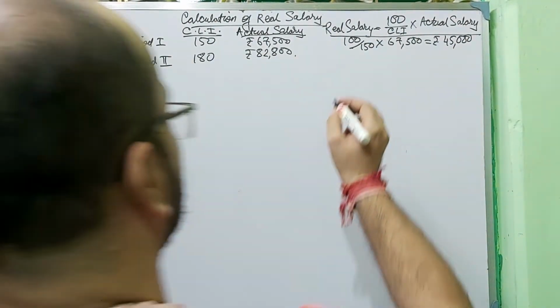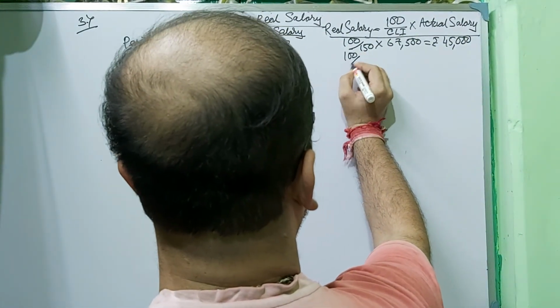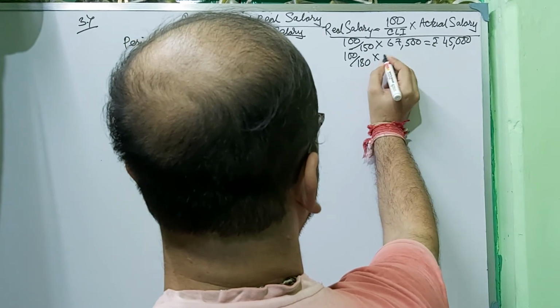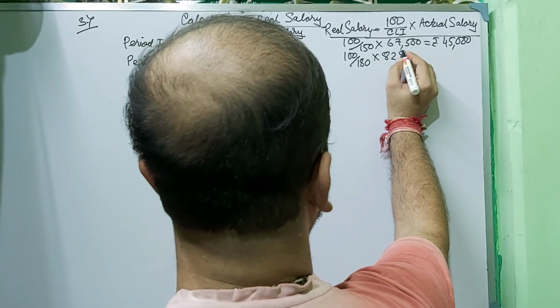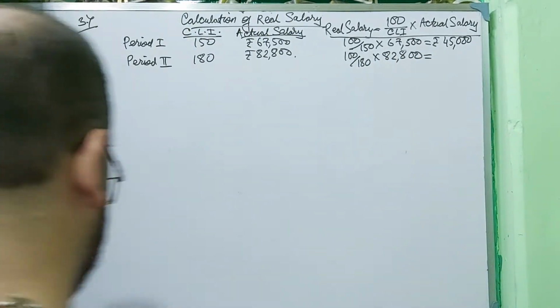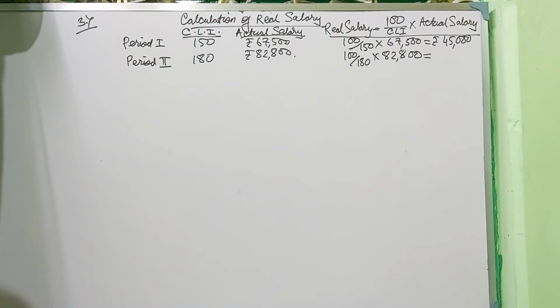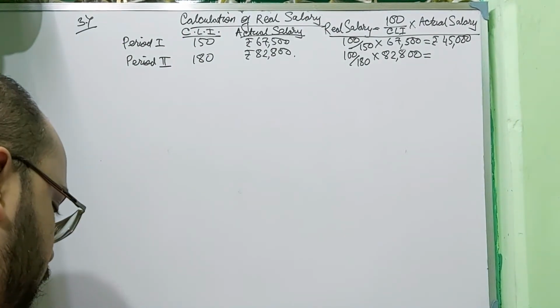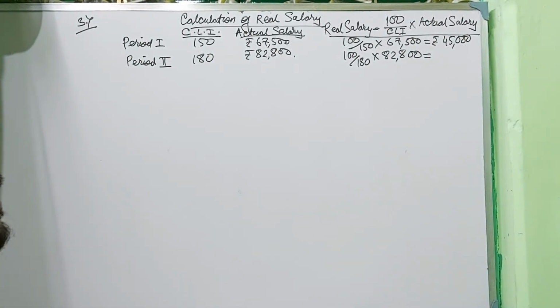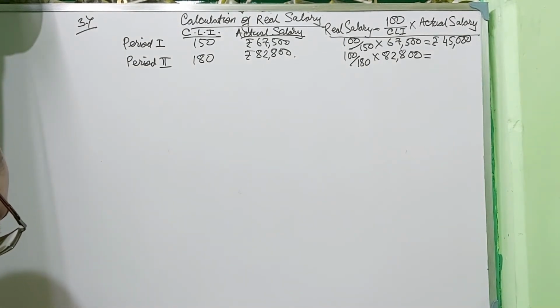And period 2 it will be 100 by 180 into 82,800. So 100 into 82,800 divided by 180.